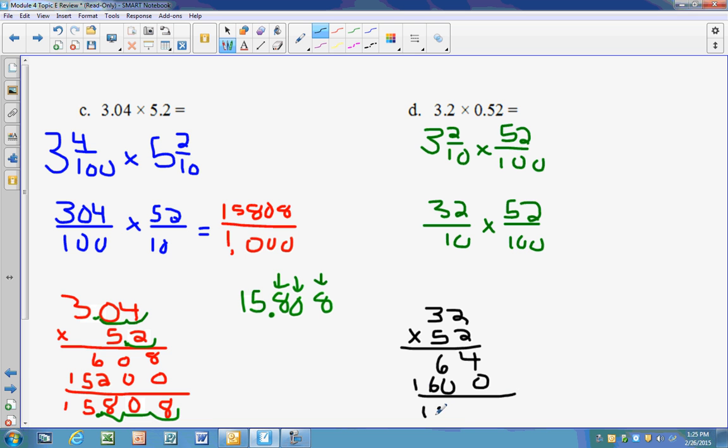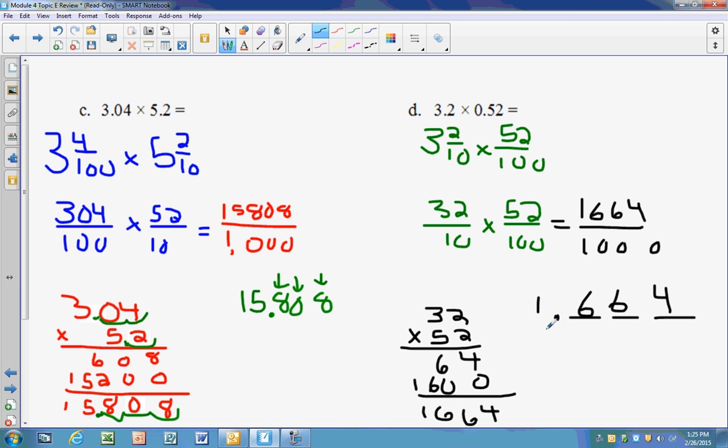And when we add that up, we get 1,664. So it's over here, and it's 1,664 over 1,000. So we have tenths, hundredths, thousandths we have to end in. We know that. That 4 has to go in the thousandths place. We work backwards. And there's our decimal.